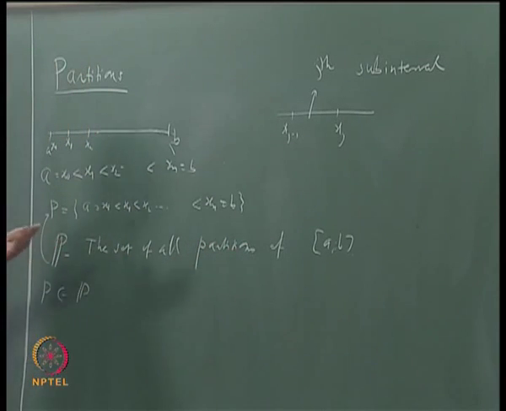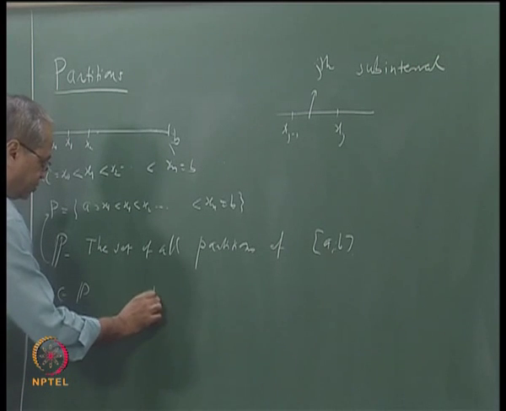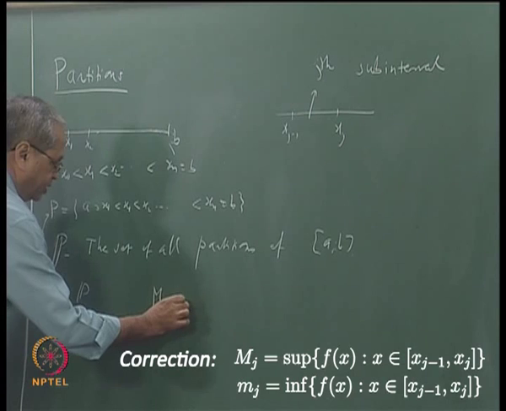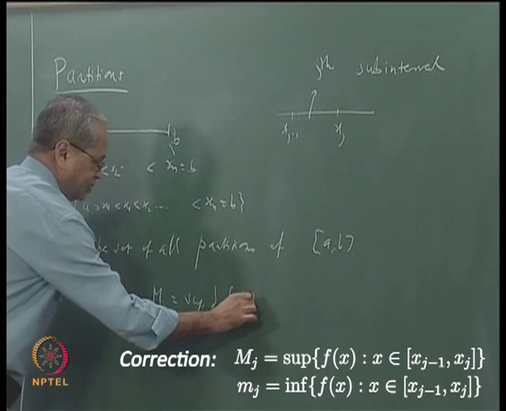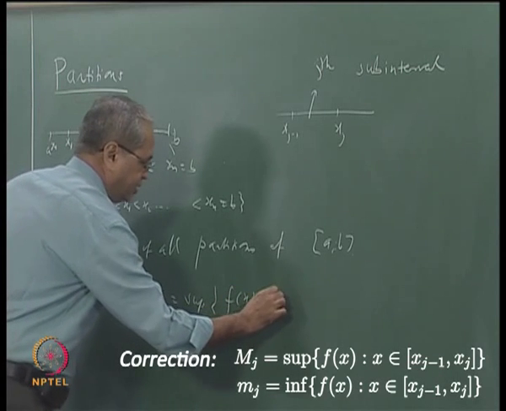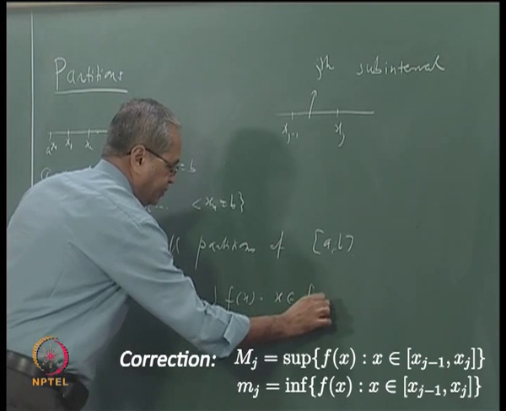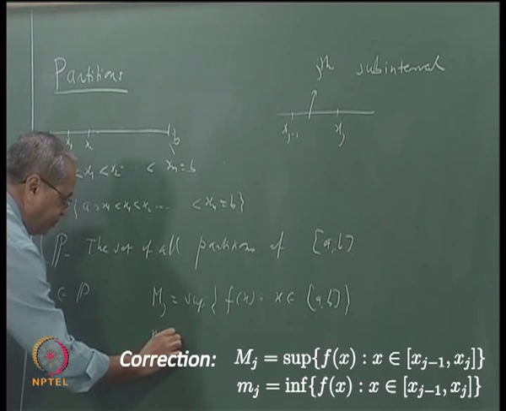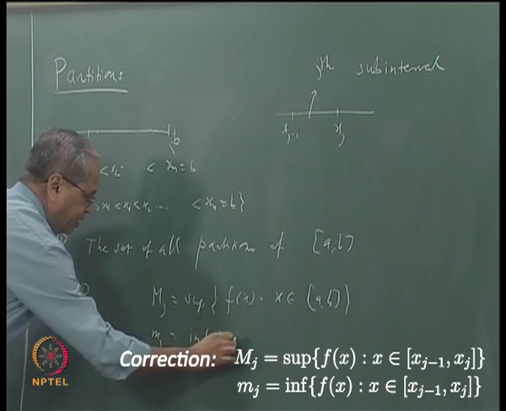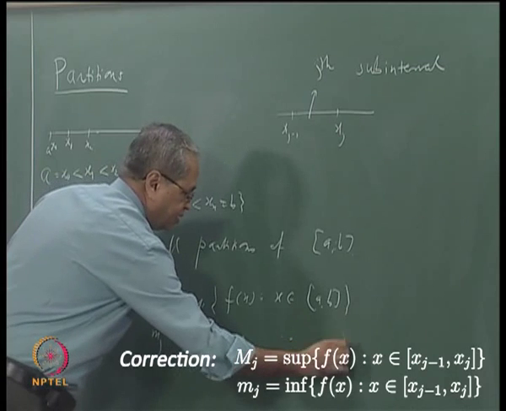It is obvious that if a function is bounded on the whole interval, it will also be bounded on all such subintervals. So we denote those numbers by big M suffix j, the supremum of f(x) for x in the jth subinterval, and small m suffix j, the infimum of f(x) for x in the jth subinterval.